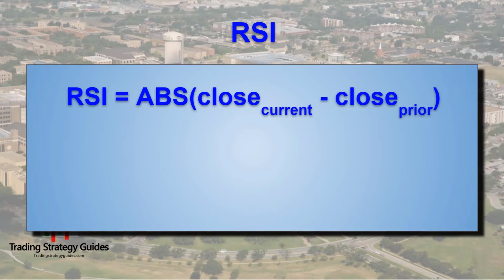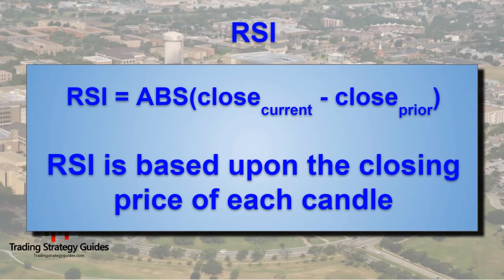If the candle is red, it's a down candle, and the value is the prior close minus the current close. The simplest way to do that is to subtract the prior close from the current close and make it a positive number. If that's too mathy for you, that's okay. That's why we have computers. Your takeaway from this is that the RSI is based upon the closing price of each of the candles in the series.